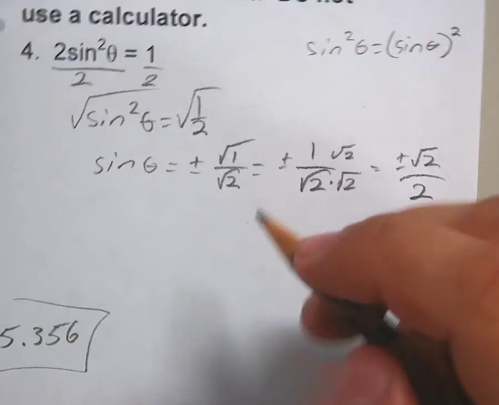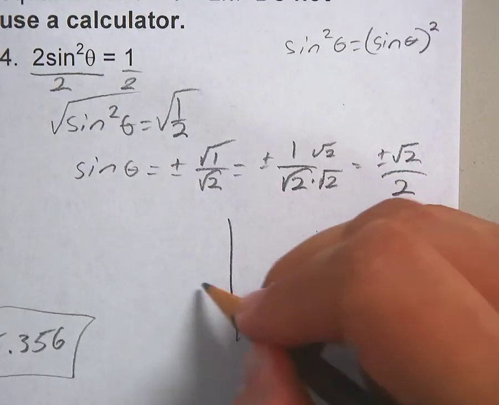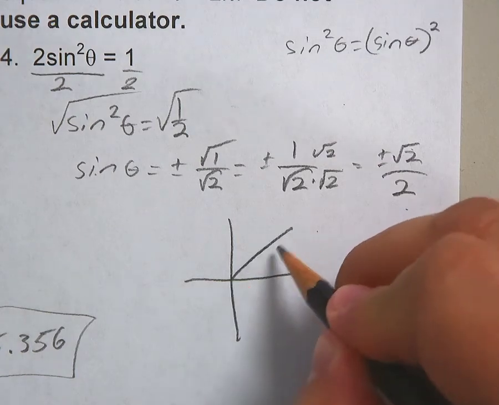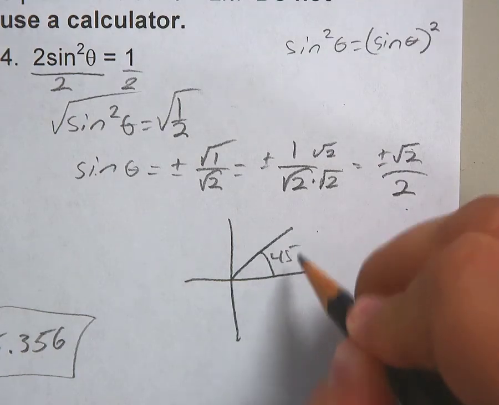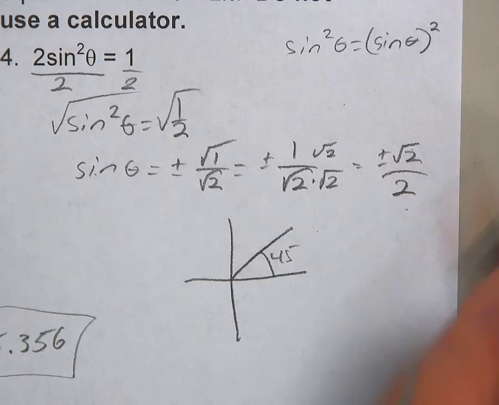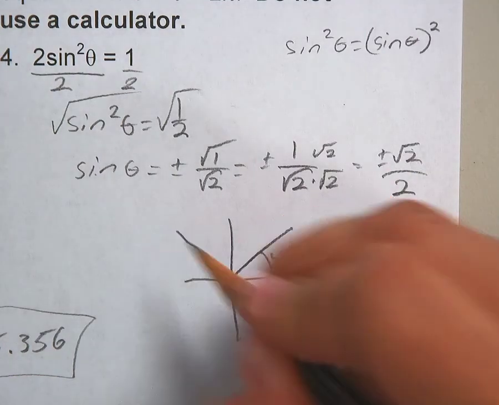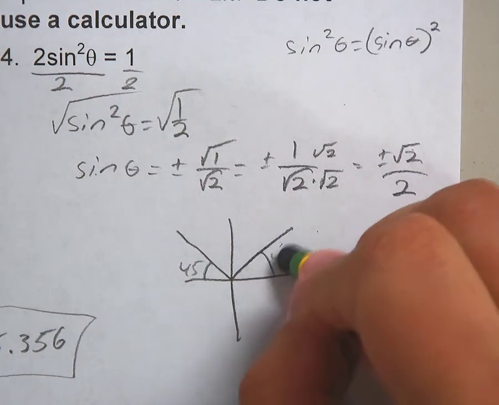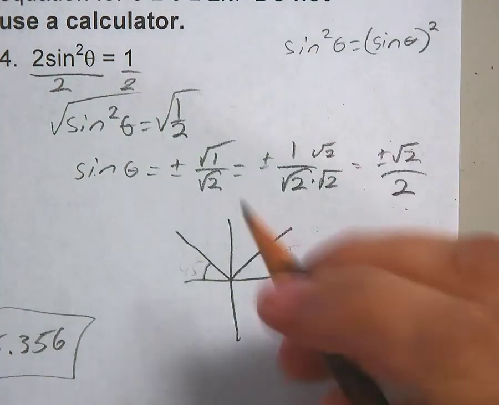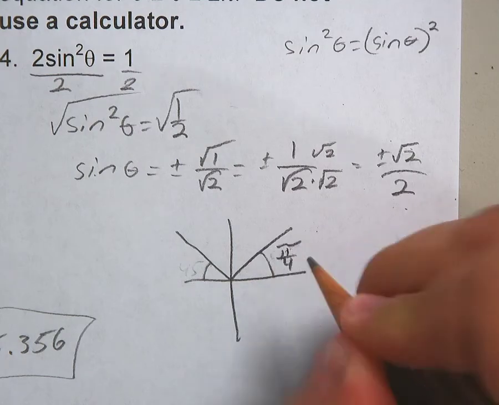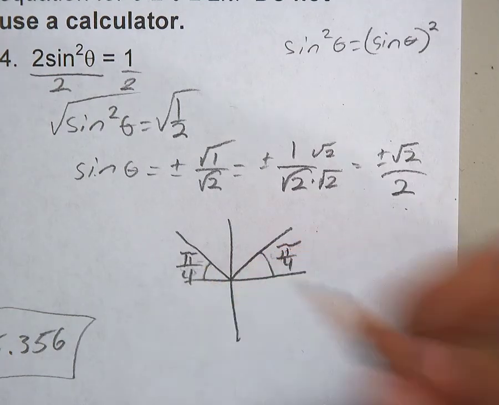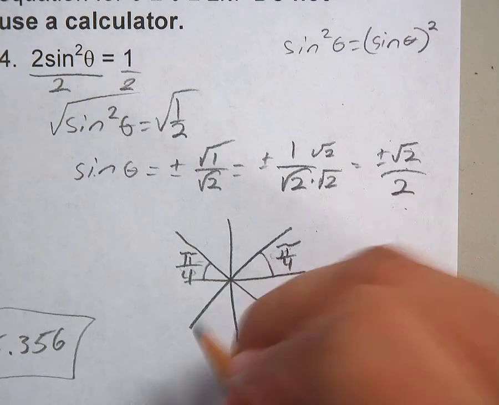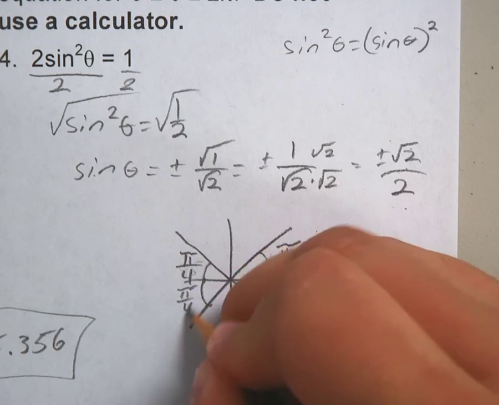Okay, so fine. Where is sine square root 2 over 2? Well, that'd be at 45 degrees. Where else is positive square root 2 over 2? 45 degrees. Wow, we are not in degrees. Pi over 4. Pi over 4. But then you account for the negatives.